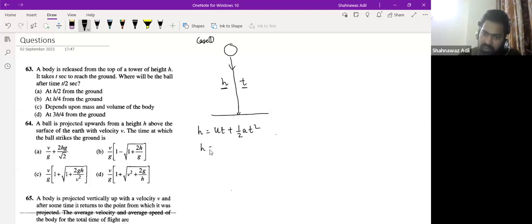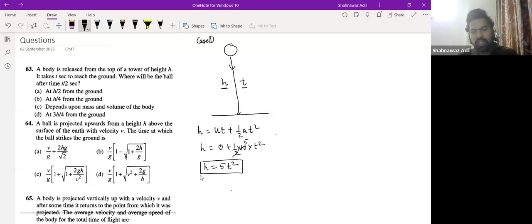U is 0, so this part is cancelled. A is g, that is 10, and t squared. So h is 5t squared, right? So this is the relation.